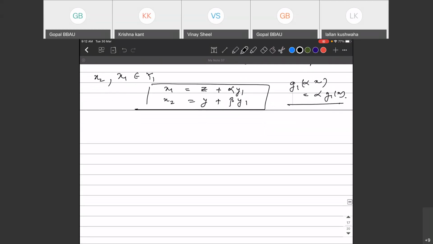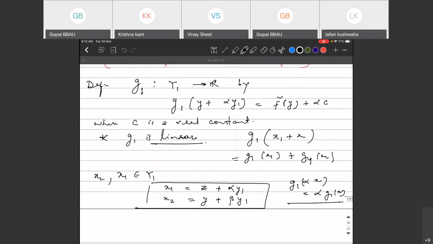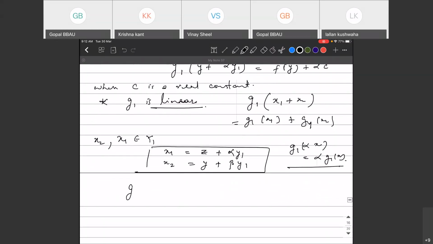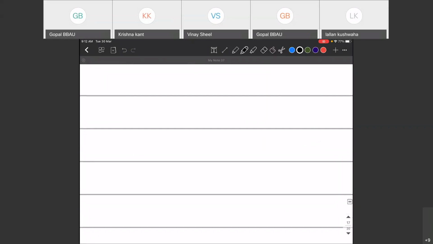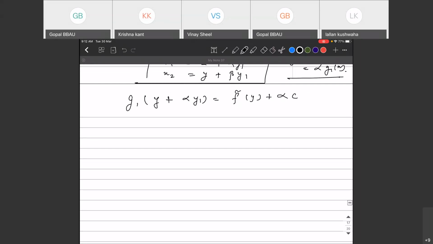So let's see the definition of g1 again. g1 was defined as g1 of y plus alpha y1 is F tilde y plus alpha c. What happens when alpha is 0? You know Y1 is the span of the domain of F tilde and y1.